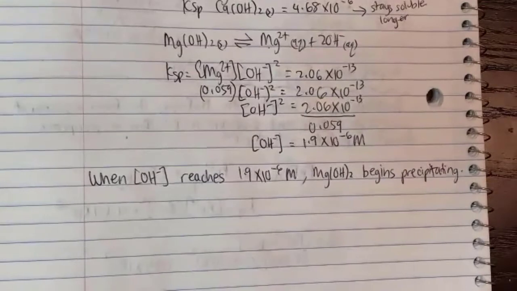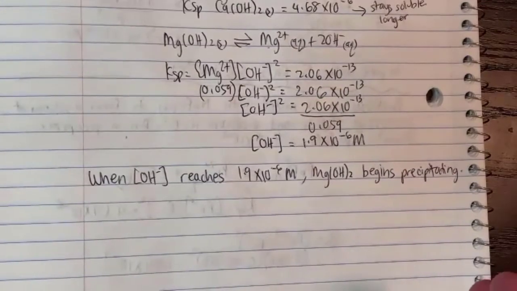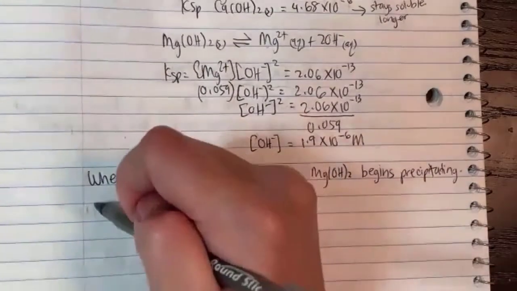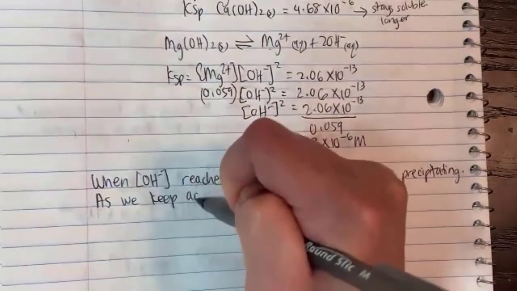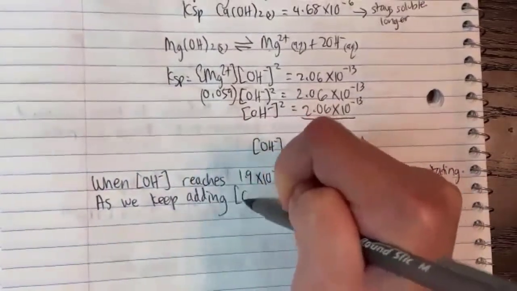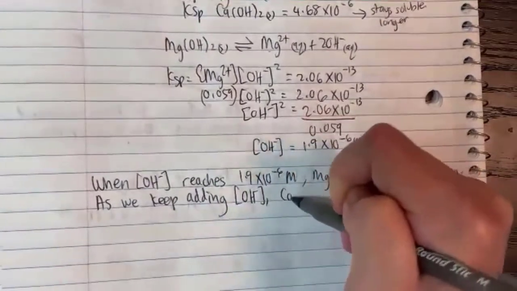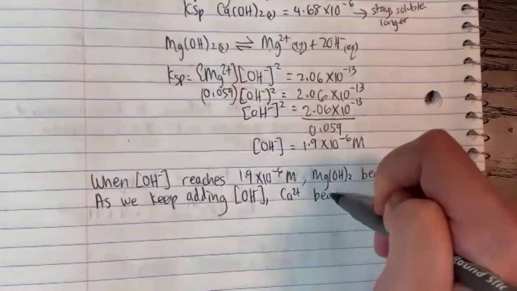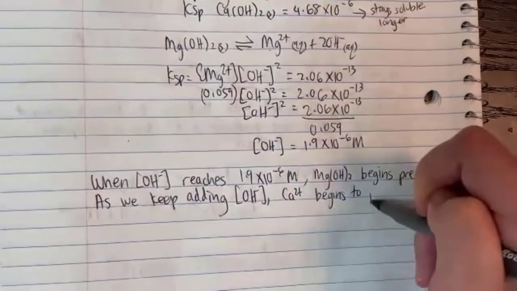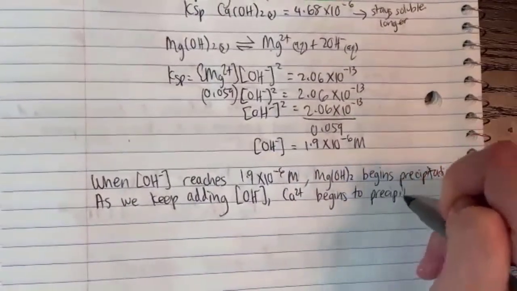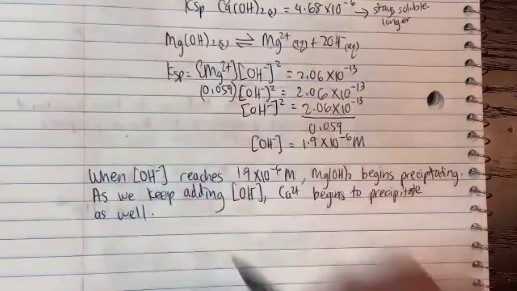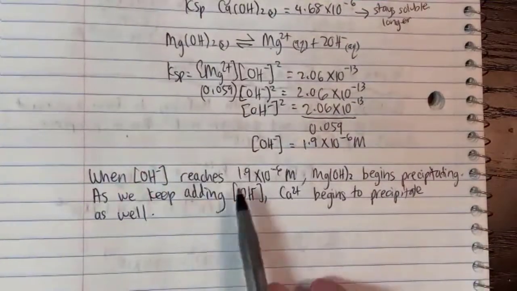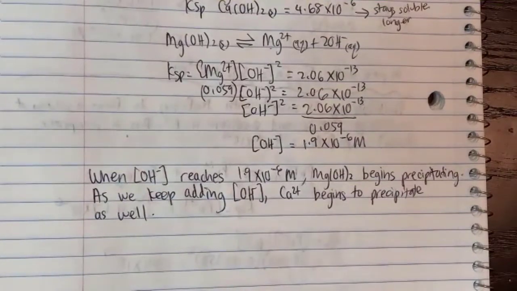Okay, now if you keep adding it, at some point calcium hydroxide will precipitate too. So it says, as we keep adding hydroxide, calcium 2+ begins to precipitate as well. But it's going to take a lot more than 1.9 times 10 to the minus 6.